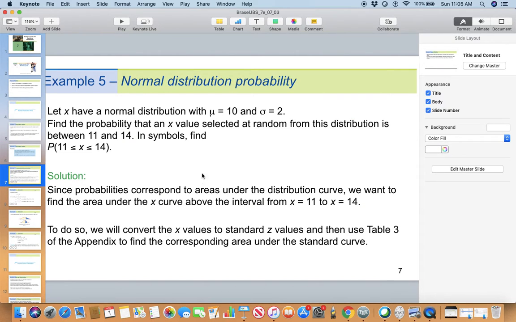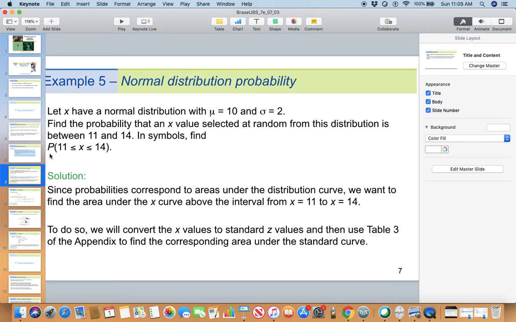For example, we are told x has a normal distribution with mean 10 and sigma 2. Find the probability that an x value selected at random from this distribution is between 11 and 14.